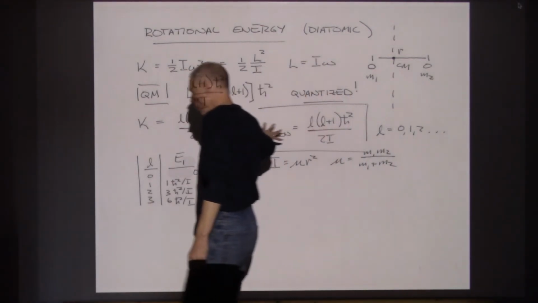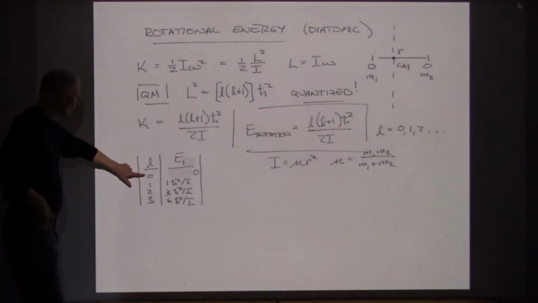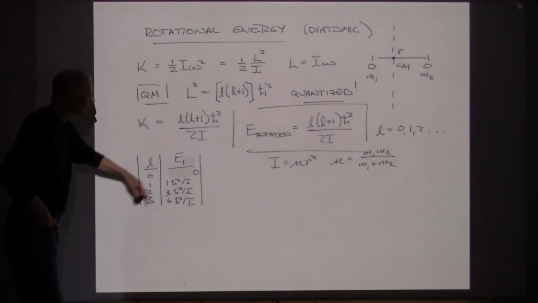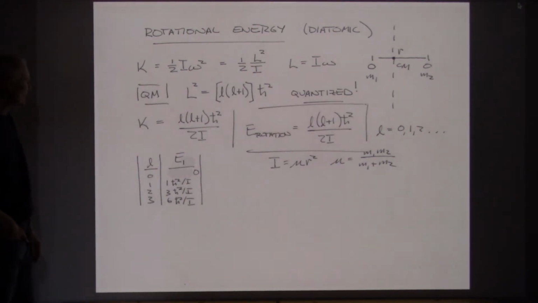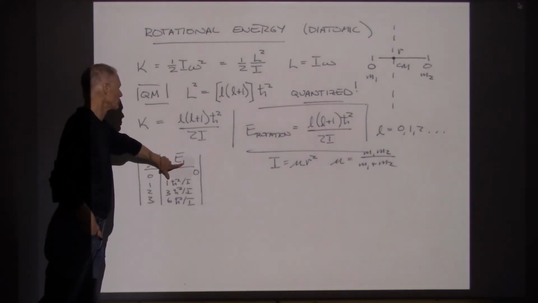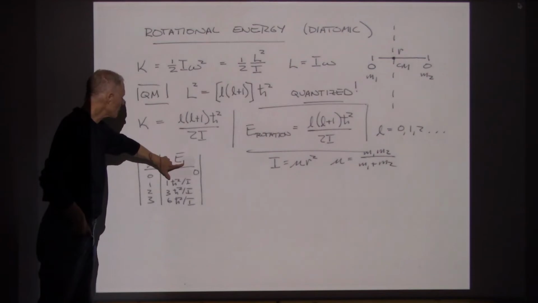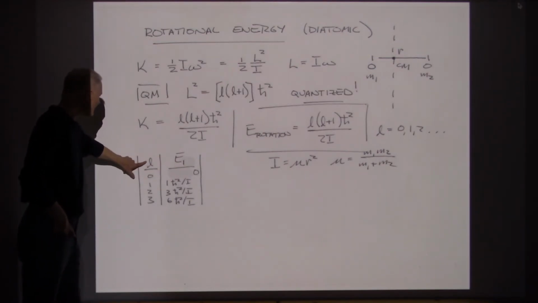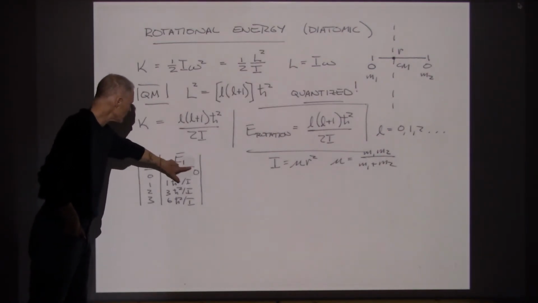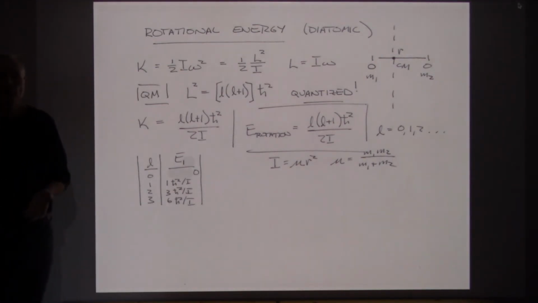Now when I put quantum number L equals 0 in, it says the energy for the value of L. So this is L equal to 0. For L equal to 0, the rotational energy is 0.